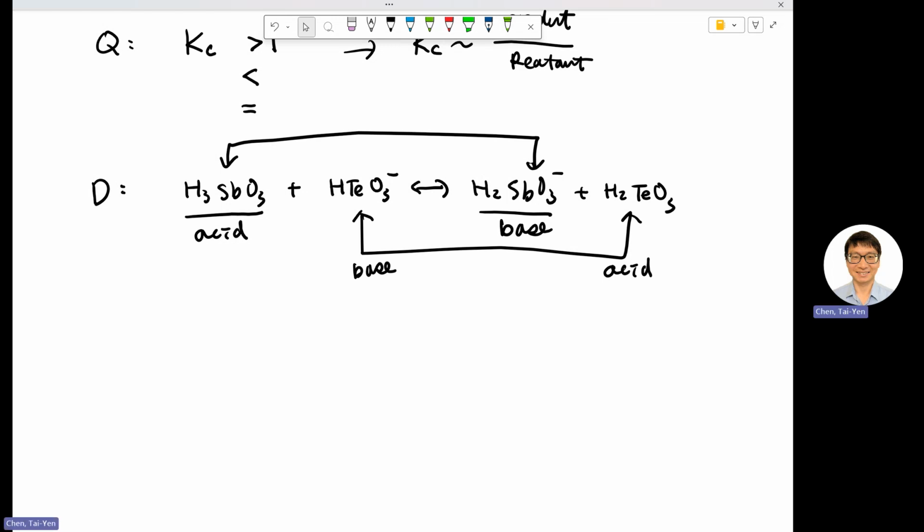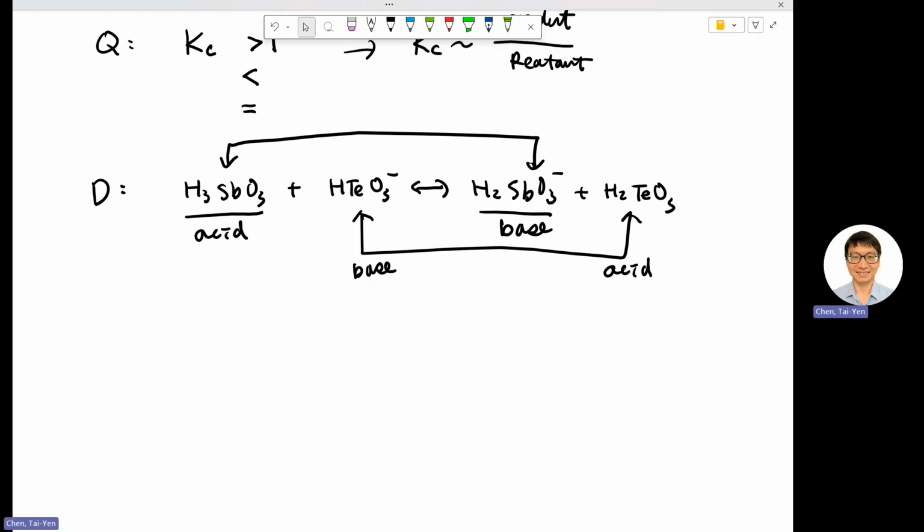If H3SbO3 is a stronger acid, then dissociation of it will happen, which means the reaction is going to push toward the product side. On the other hand, if H2TeO3 is a stronger acid, then the reaction will move to the reactant side. If the reaction moves to the reactant side, then your Kc will be smaller than 1.